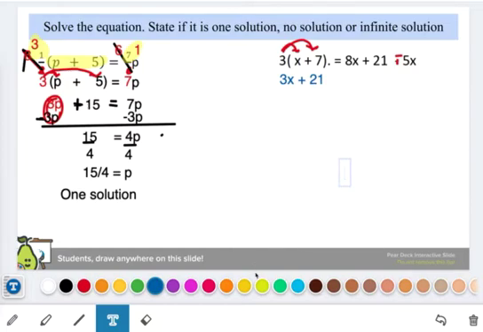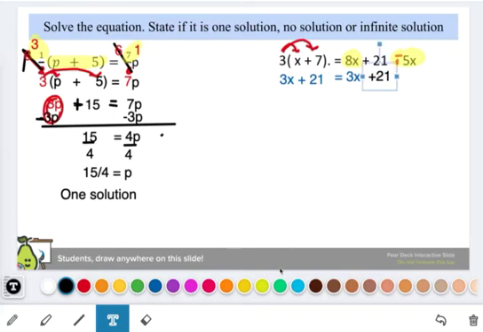Equals to, okay, on the other side, we notice that these are alike right here. They both have x, so 8 plus a negative 5x is 3x, right? And we bring down that 21. Okay, we bring down that plus 21.